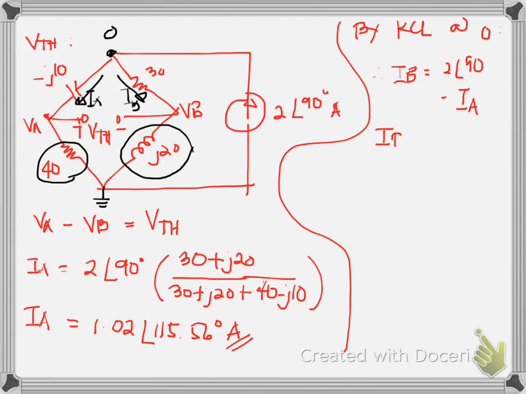So IB is equal to 1.166 angle 67.834 amperes.